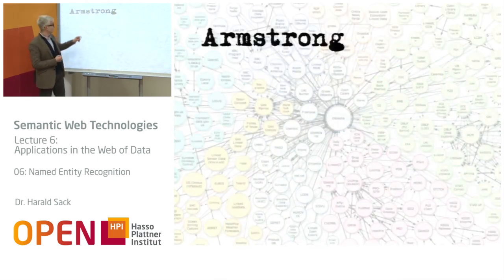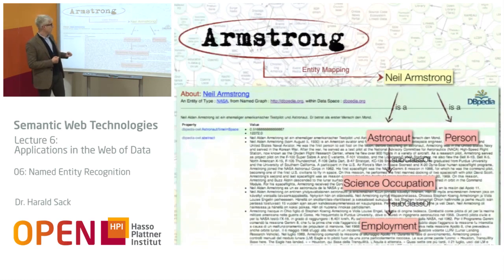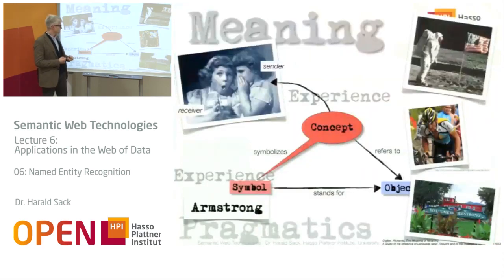So what we have to find is a mapping between the string Armstrong and, of course, the referring article in DBpedia to Neil Armstrong. And the problem here in the entity mapping process is to find the right one. So if we come back to our semiotic triangle, we see that here the process from the symbol coming to the concept, this mapping process, is the most important one.